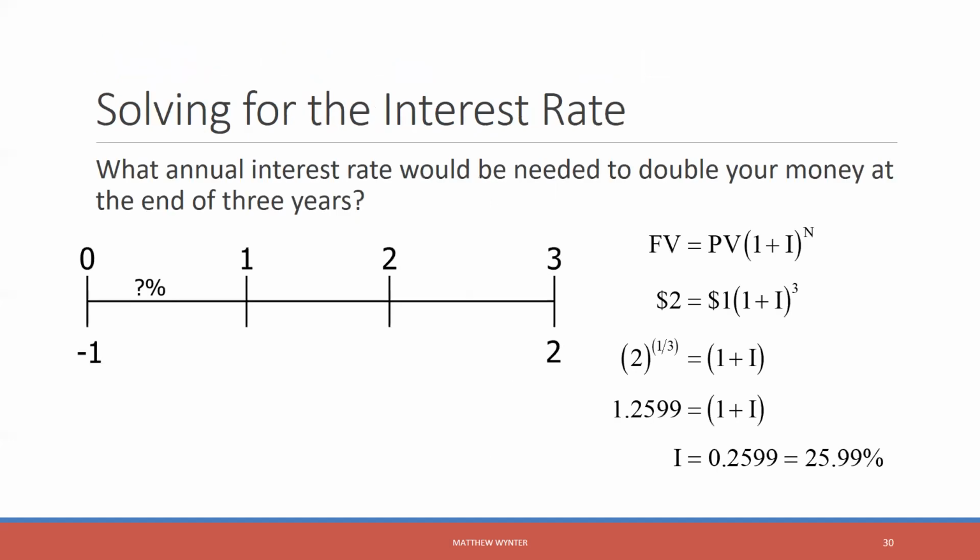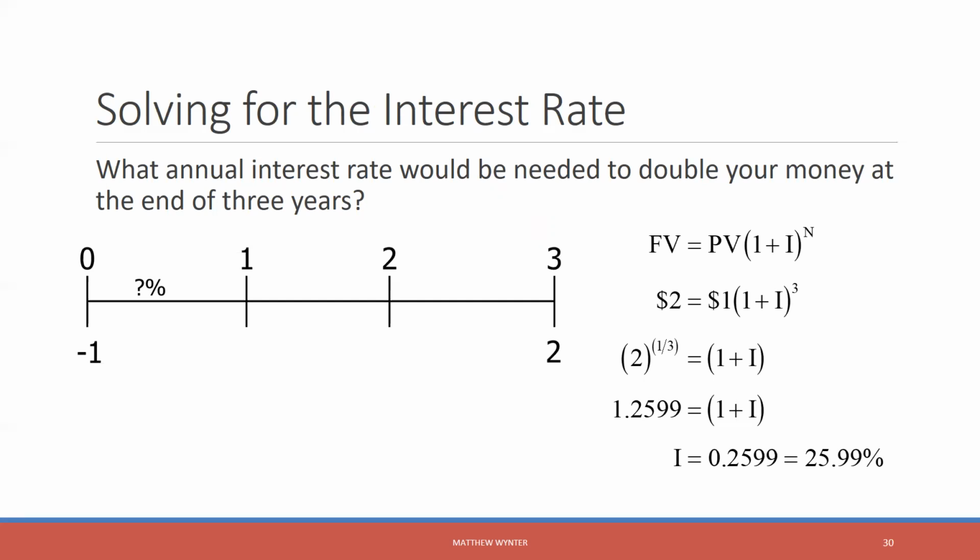Okay, we can also solve for the interest rate. So here we're going to kind of ask ourselves, what is it that we don't know? What interest rate would be needed to double your money at the end of 3 years? So what do I know? I know that at the future value, I want my current investment to be twice as large. So I know for every dollar I put in today, I'm going to leave with 2.